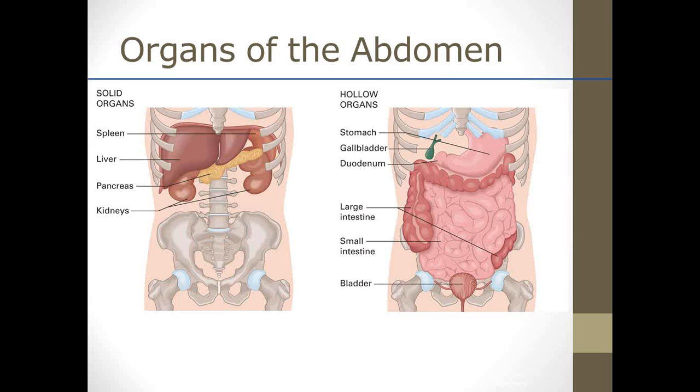Again, these organs can become fractured or punctured or ruptured. And if that happens, they tend to spill their contents into that abdominal cavity, which puts our patients at a very high risk for infection, gangrene, those types of issues.